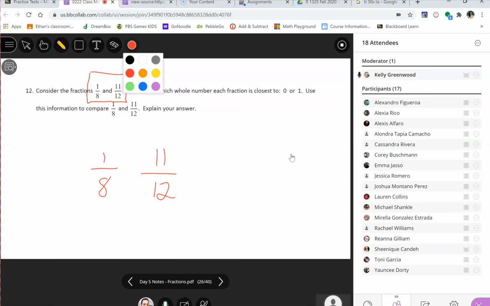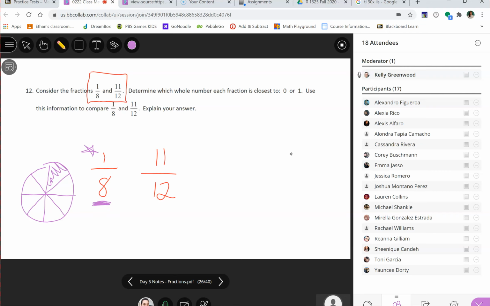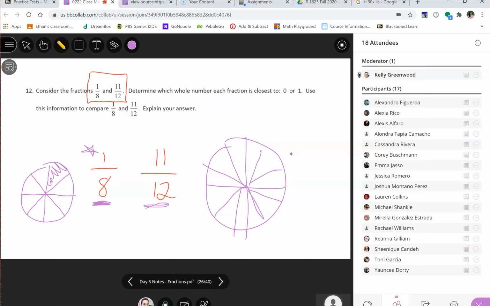If you think about 1 out of 8, if I drew that picture, I have a whole that has 8 pieces and I only have one of them, compared to a whole that has 12 pieces, and I have 11 out of the 12.